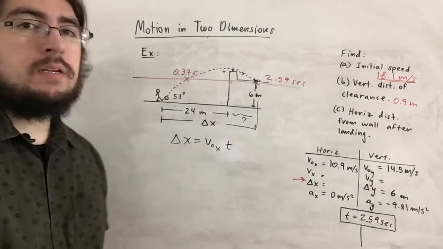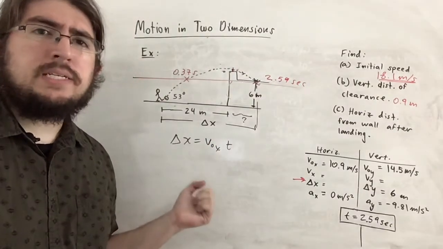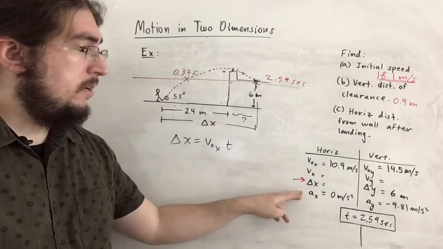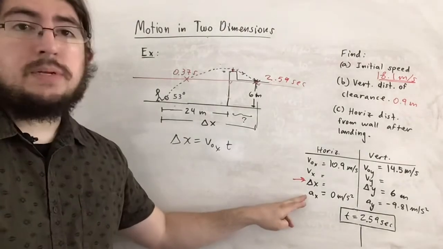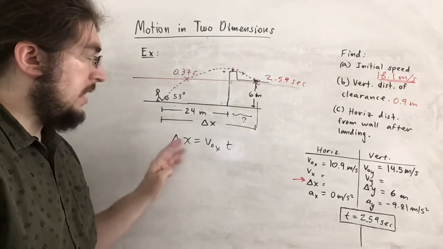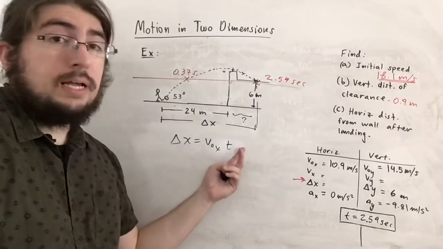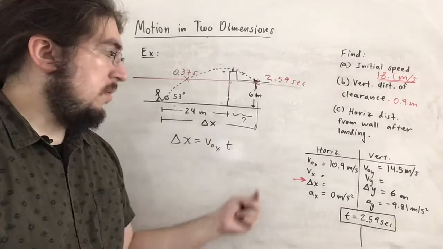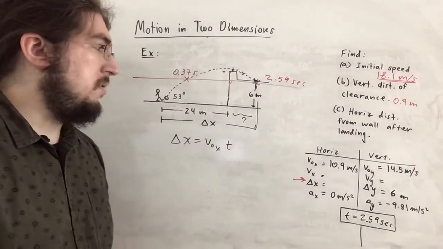Because of course, this isn't really a kinematic equation, but that's kind of what you get when you consider ax to be 0, because there's two ways of doing it. But again, if you write delta x equals v naught x times t plus 1/2 ax t squared, that goes to 0 because ax is 0.